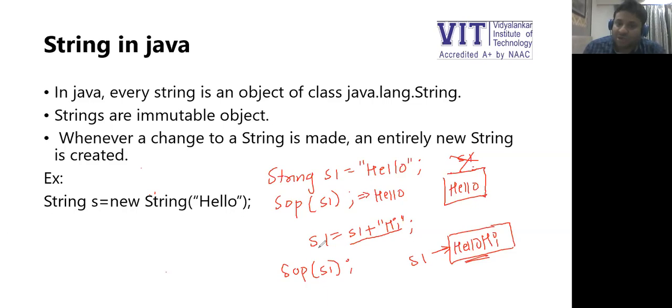And if I want to keep the reference same, then s1 will refer to this new memory. So even though here SOP s1 will give hello, and here SOP s1 will give you hello hi, basically they are referring to two different memories. Once a memory is assigned to a string object, it cannot change, and any change that we attempt to make will be stored at a new memory location. Hence we say it is an immutable object. Whenever a change to a string is made, an entirely new string is created. So this is what is special about string in Java.